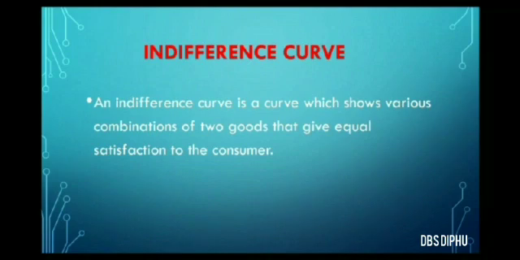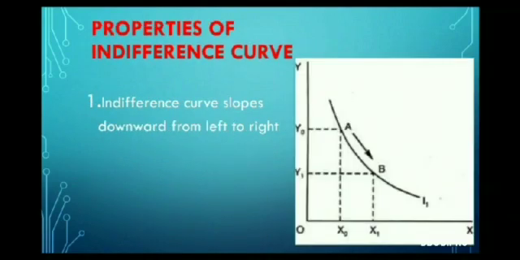Next, properties of indifference curve. Number 1 is that the indifference curve slopes downward from left to right. This property implies that an indifference curve always has a negative slope. This is so because in order to have the same level of satisfaction on an indifference curve, when the consumer decides to have more units of one good, he must reduce the amount of the other.